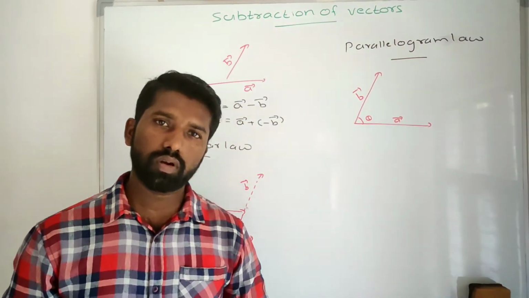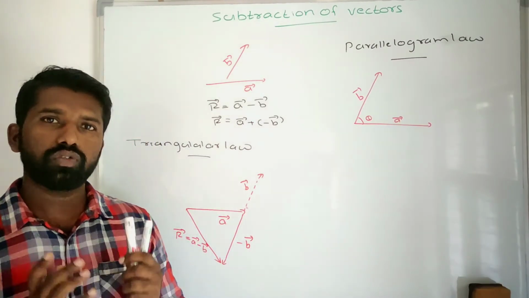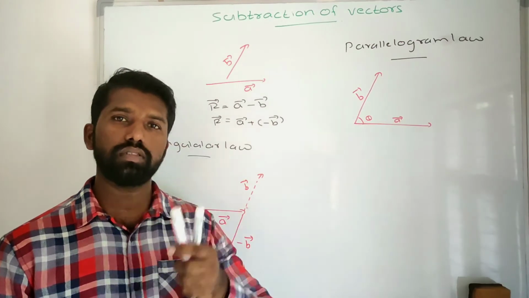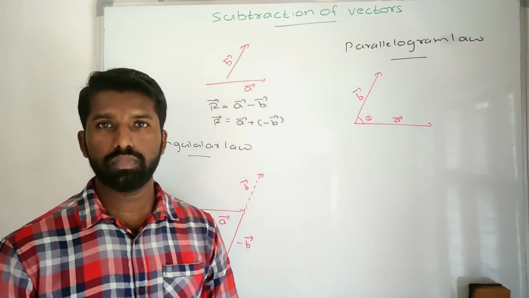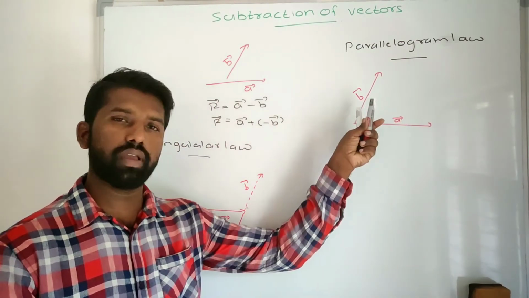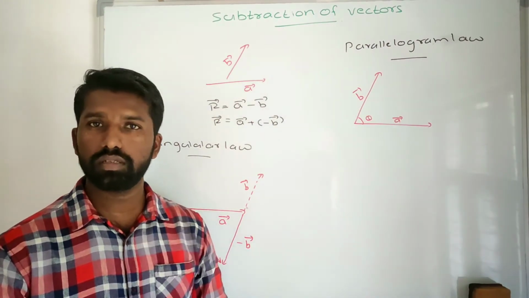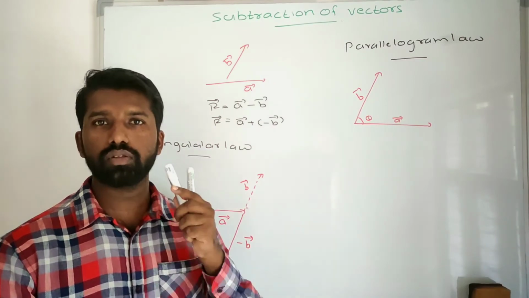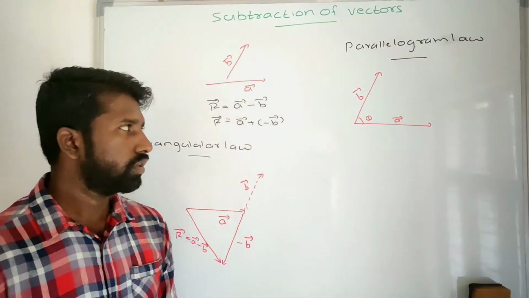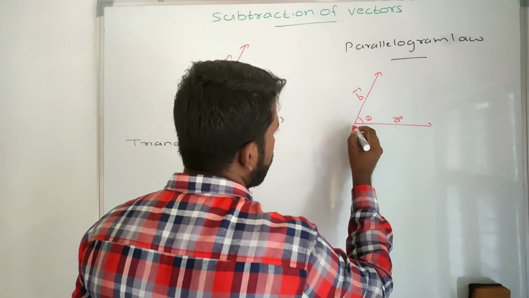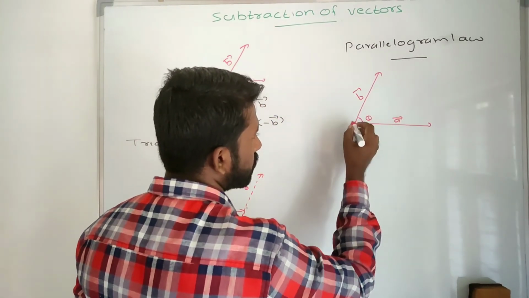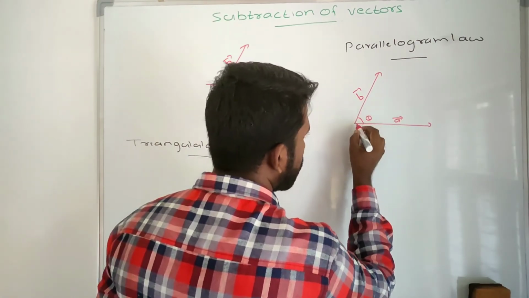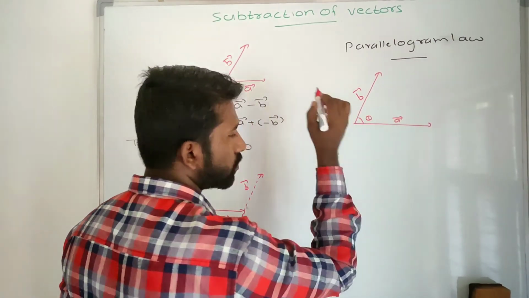The parallelogram law says that two vectors can be considered the adjacent sides of a parallelogram drawn from a common point, then the resultant is the diagonal of the parallelogram passing through the common point. Okay, so I am going to take the B vector from the common point.